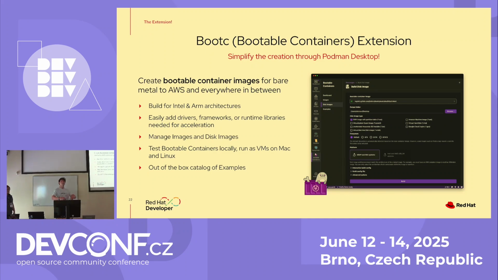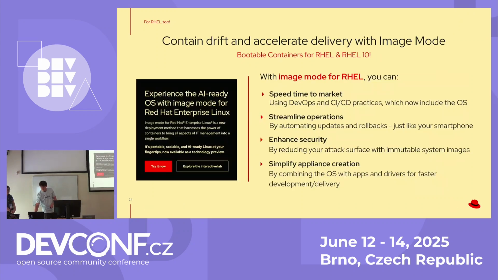If you're deploying, say, for example, to Amazon, you could upload your EC2 key. You can add in other parameters during this build time, and it's going to essentially just kick off a podman command that's going to bring in the image builder container. It's also going to bring in your bootable container and build that for your specific architecture. So highly recommend checking it out. This is what we're going to see.